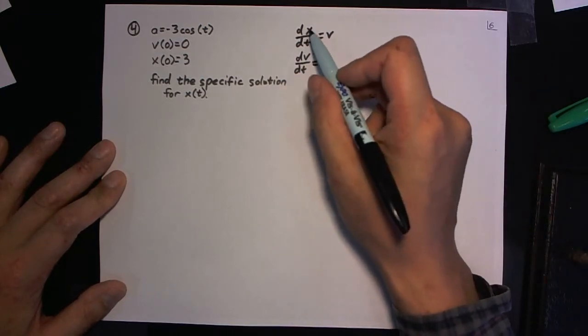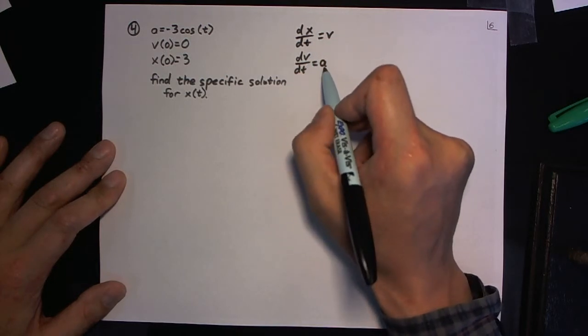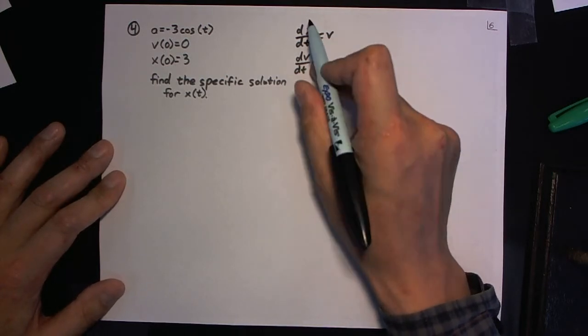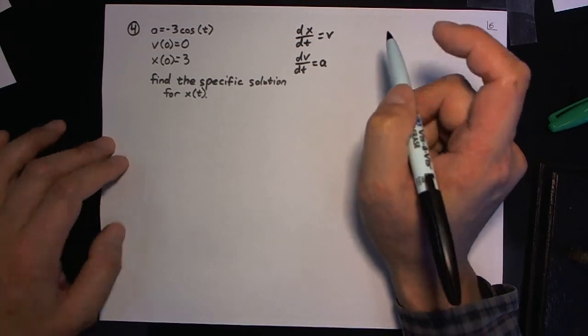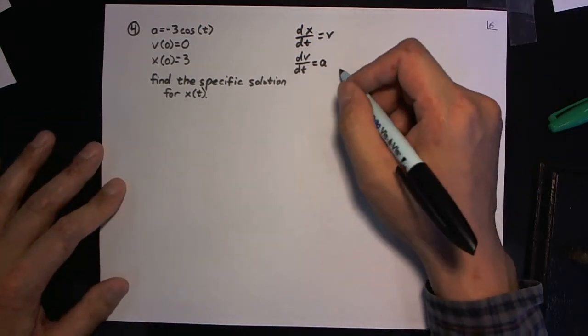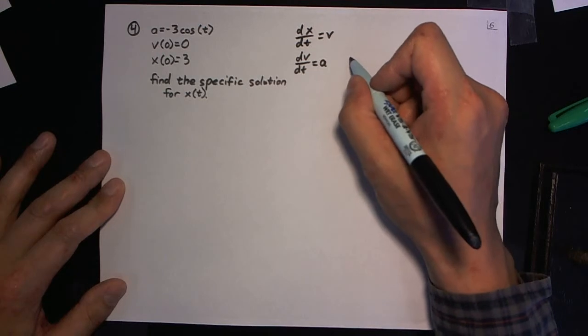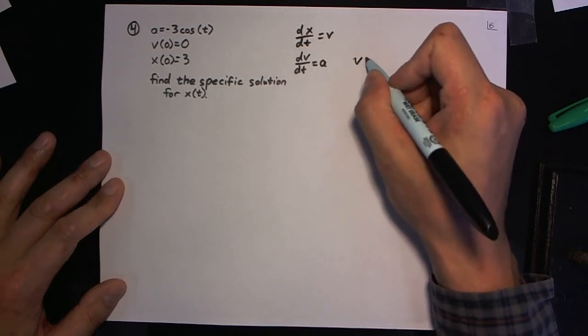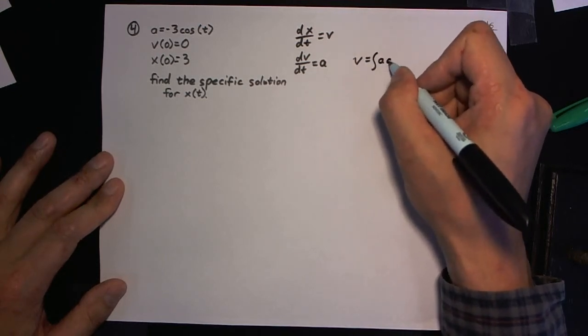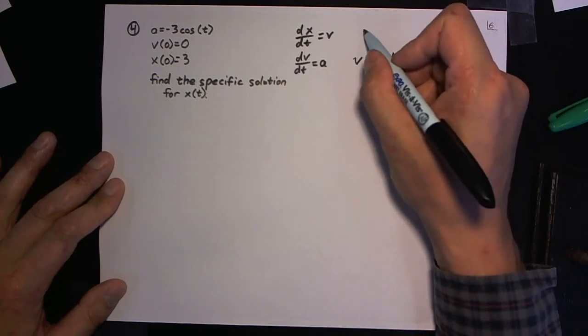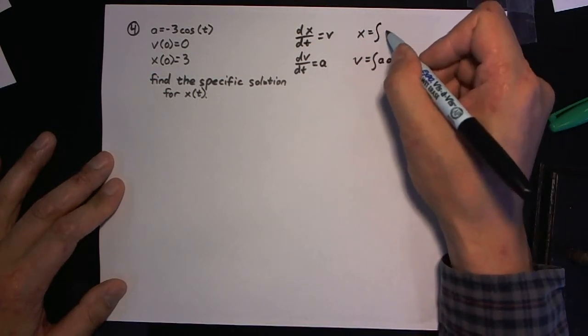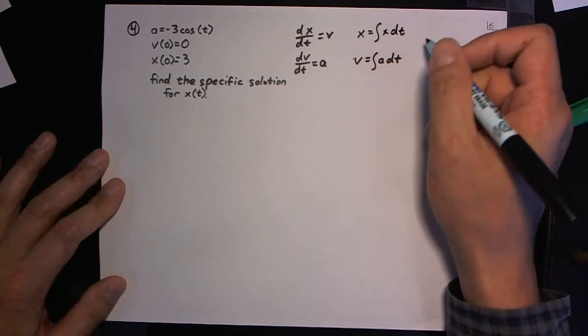Well, if derivatives go from position to velocity and velocity to acceleration, then that means integrals go in the opposite direction, because remember, derivatives and integrals are opposite operations. So that means that velocity is equal to the integral of acceleration with respect to time, and that position is equal to the integral of velocity with respect to time.